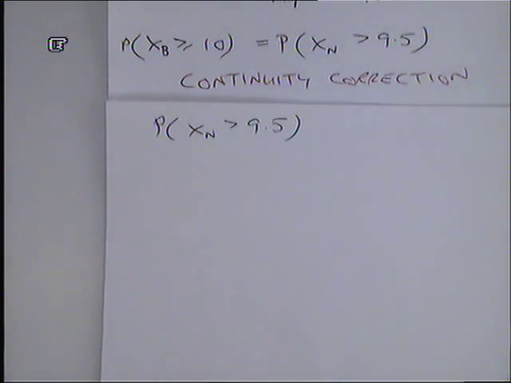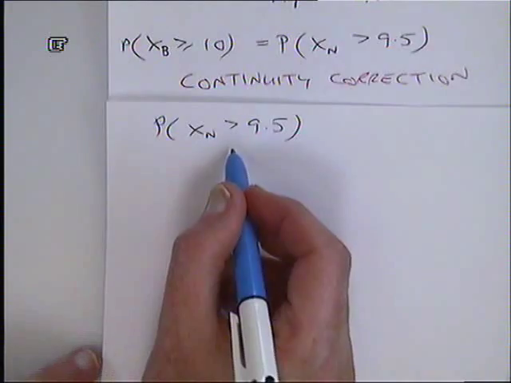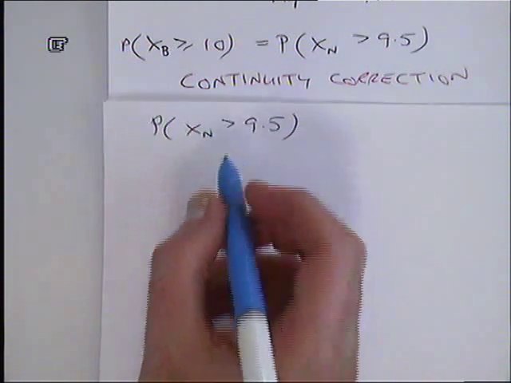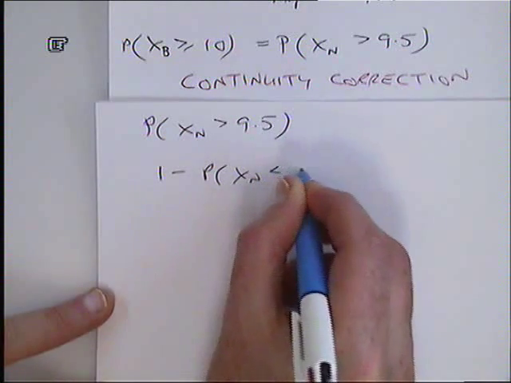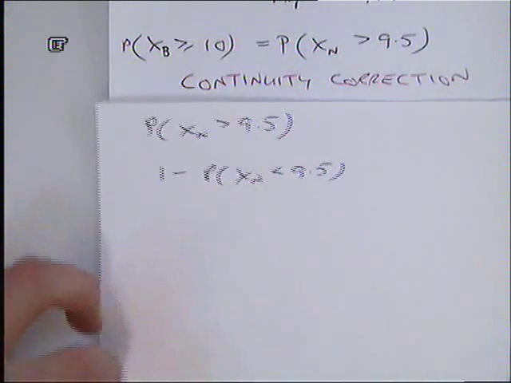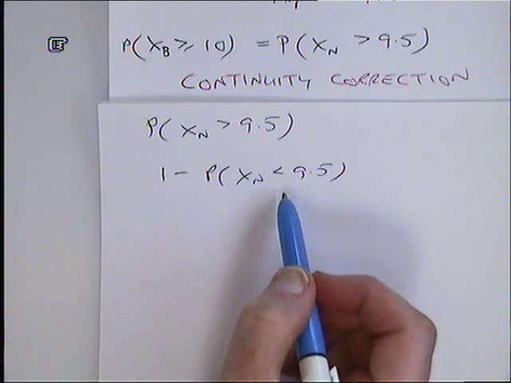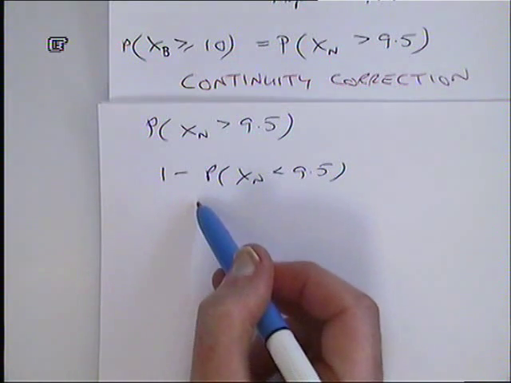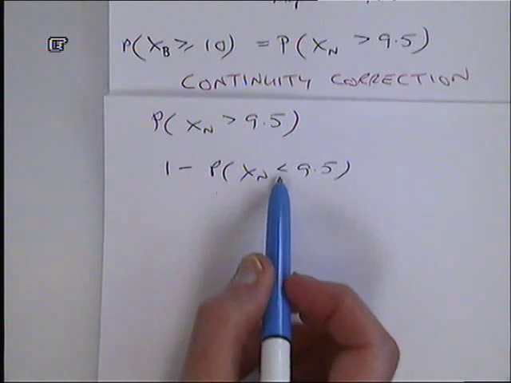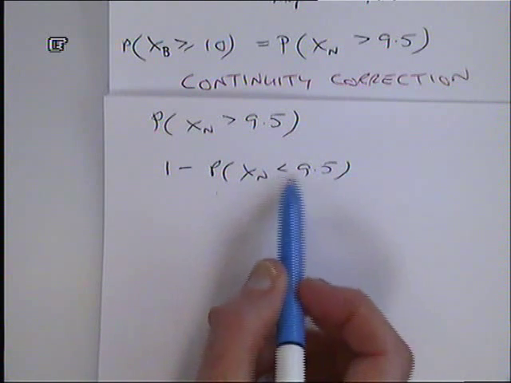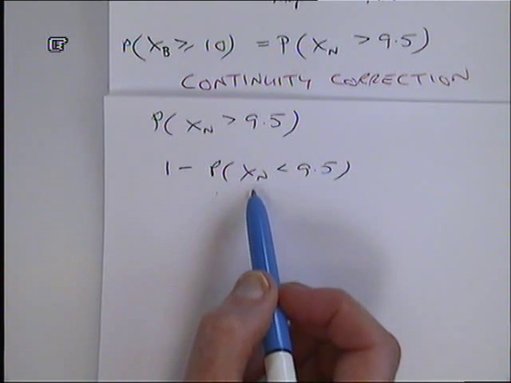It's not a less than in here, so what do we do? 1 minus P of X is less than 9.5. Okay, we turn it round. We make it a less than by doing 1 minus it. This number is a continuous number. It doesn't matter here whether we put the extra bar on. We're back in continuous land now. We are in the normal distribution.